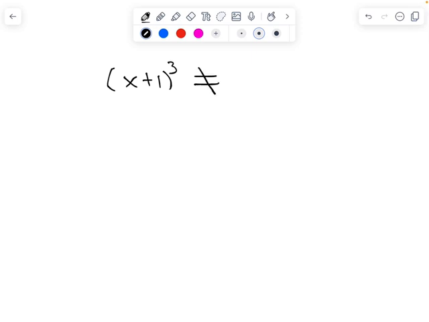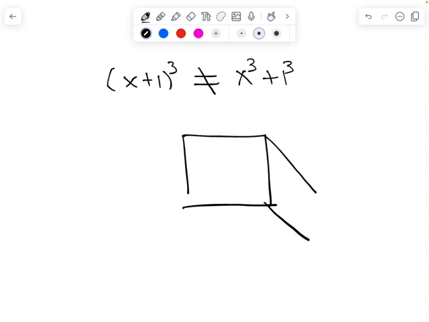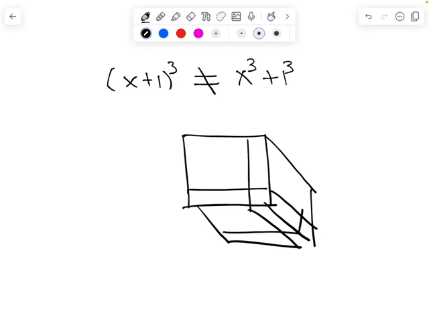Now, what if we took this a step further and we had x plus 1 cubed? Again, like I said before, we can't say it's x cubed plus 1 cubed. And the reason why we can't is now we have a three-dimensional figure. If I try to break this up, and this is really going to test my artistic abilities here, we will get an x cubed.